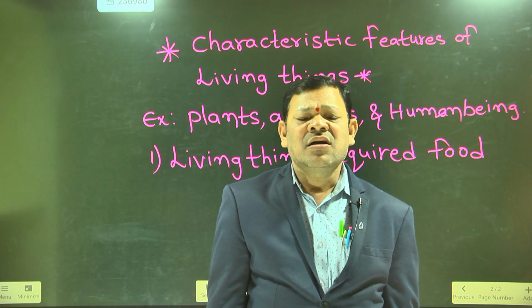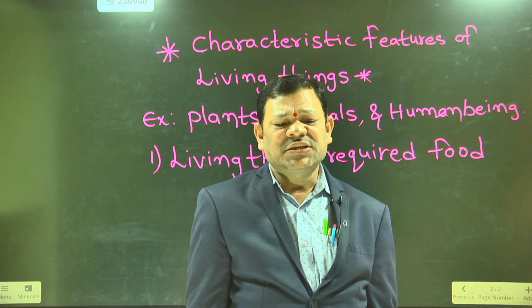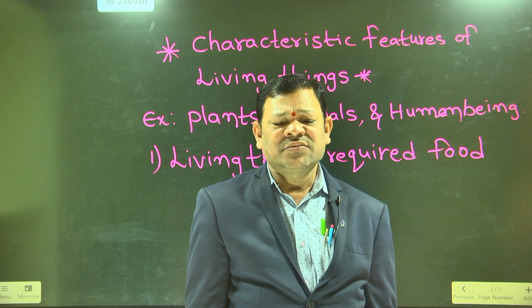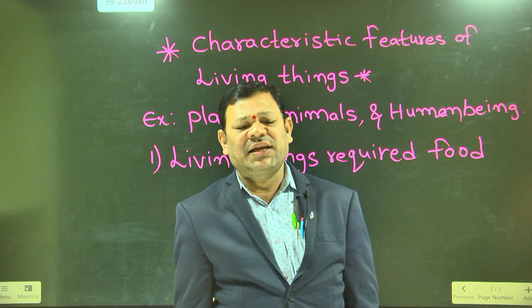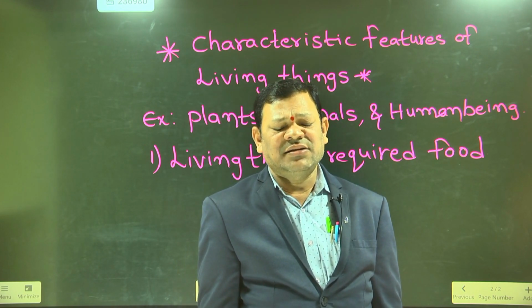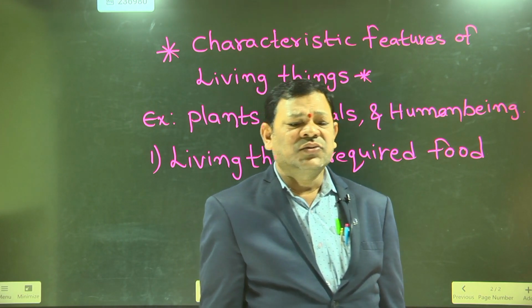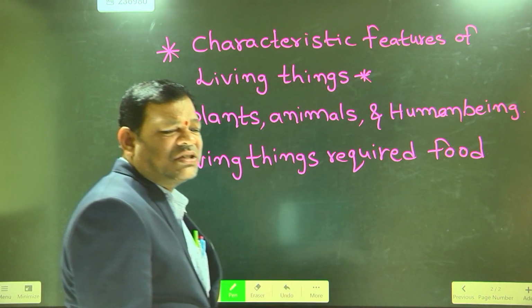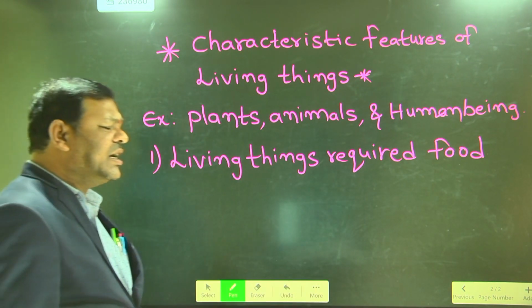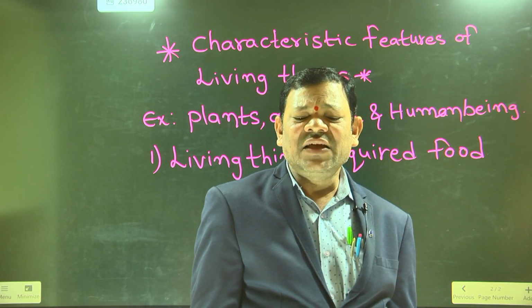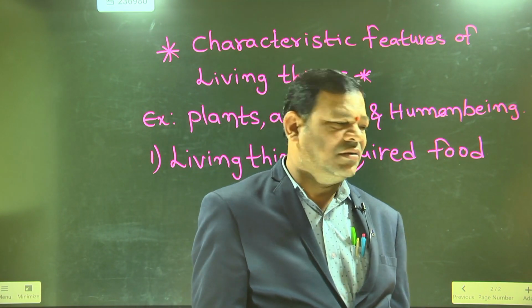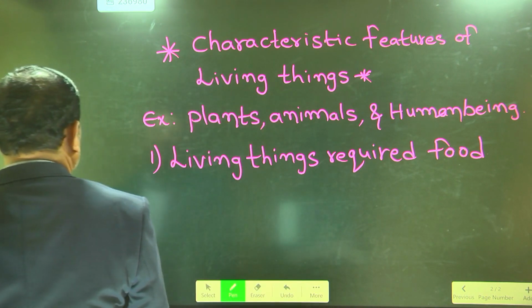We eat carbohydrates, proteins, fats, vitamins and minerals. Plants take in carbon dioxide, water, salts and minerals. So a characteristic feature of living things is that they require food. That is the first point.